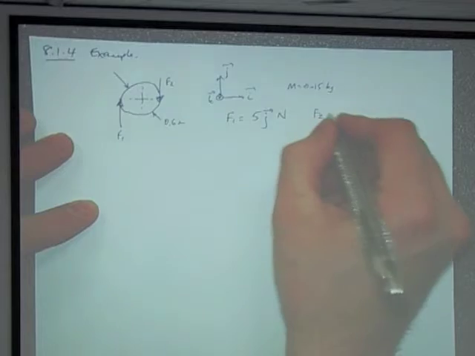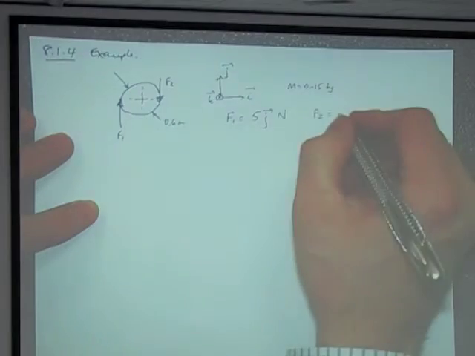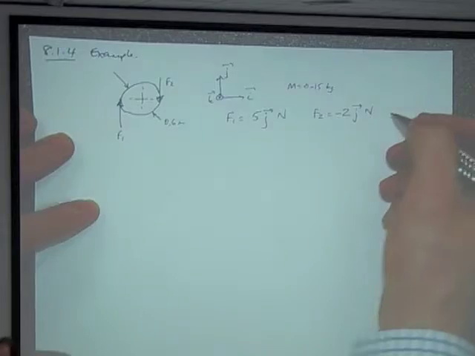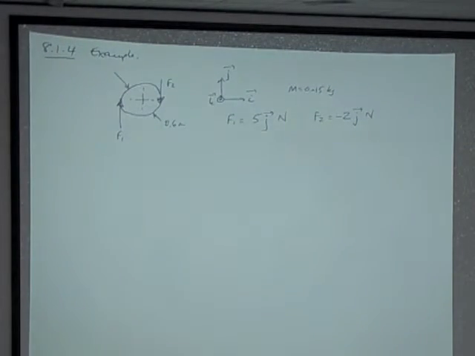And F2 is in the negative J direction, negative 2J newtons. So those are the bits of information that we need. By applying those forces, the thing's going to move, and we've got to work out the linear and angular acceleration of the puck.